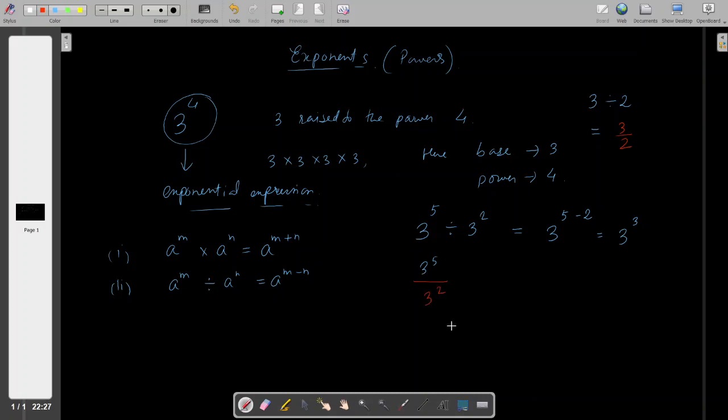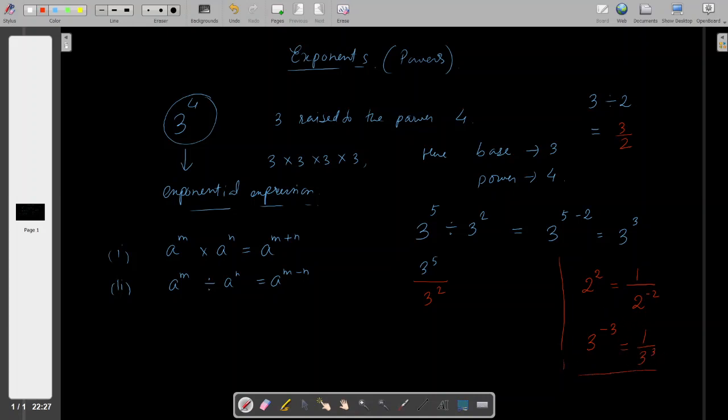Now in the case of exponents, what do you do? Suppose this is 2 to the power 2. If I want to make this 2 to the power minus 2, it should be the reciprocal. So if there is 3 to the power minus 3, it will become 1 by 3 to the power 3.